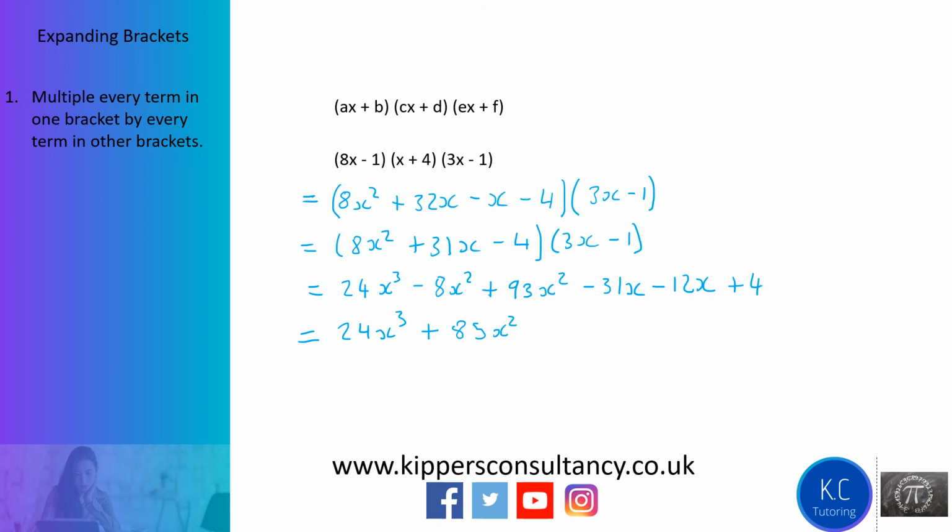Then I need to do minus 31x minus 12x. So that becomes minus 43x plus 4. And this here is my final answer.